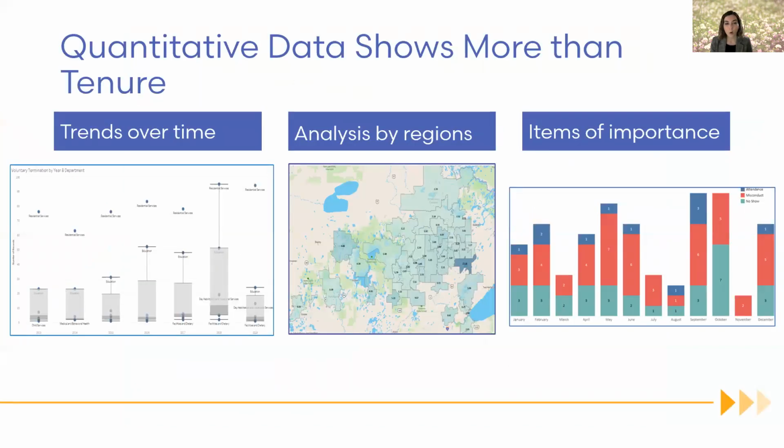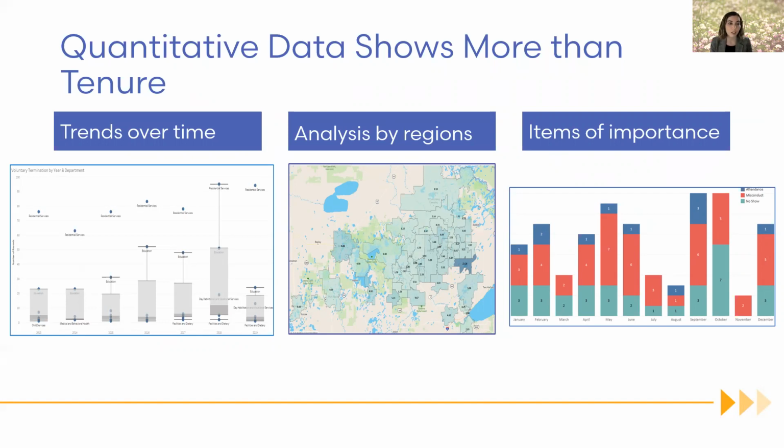And the quantitative analysis, we don't only use that information to create a tenure curve, you also have the opportunity to identify other things such as trends over time, analysis by regions, items of importance to your organization. It's really just a matter of what information you are capturing within your HR system.